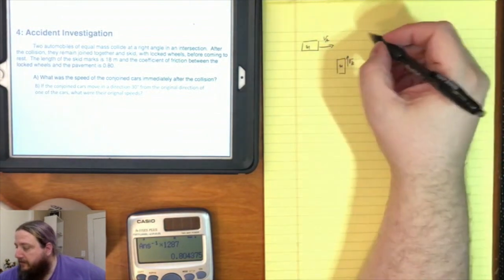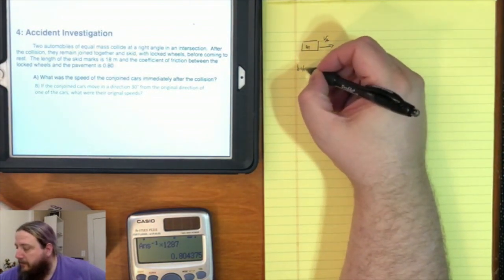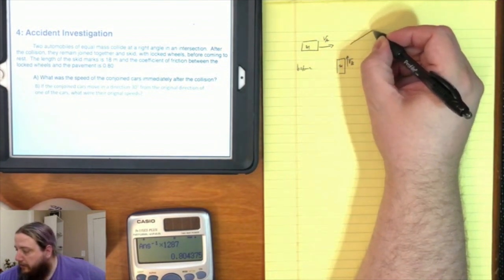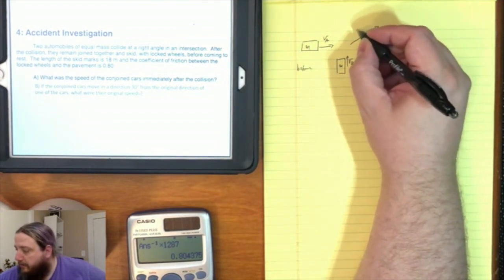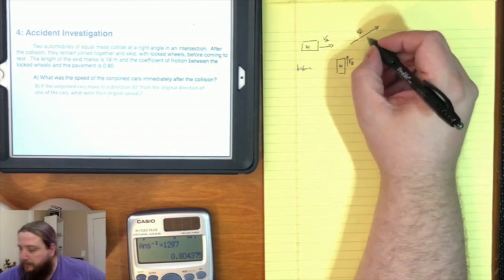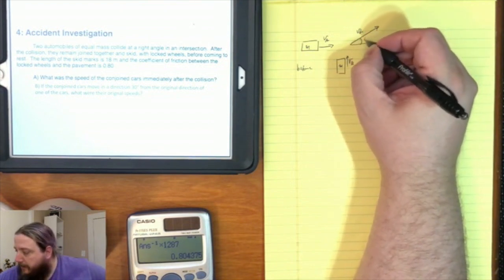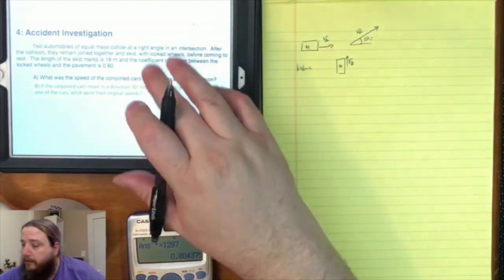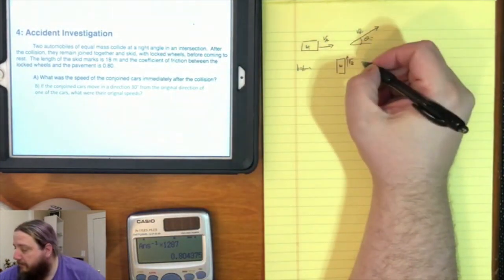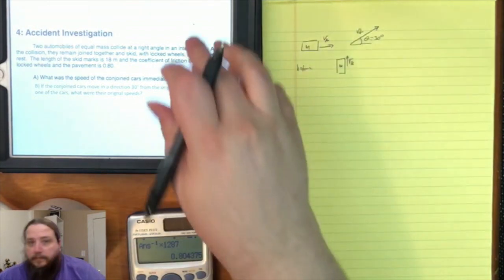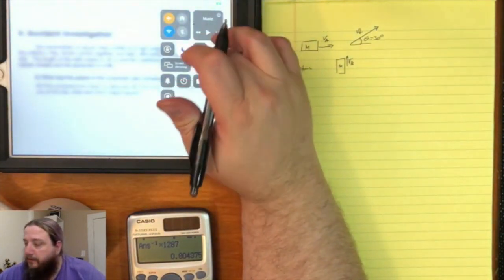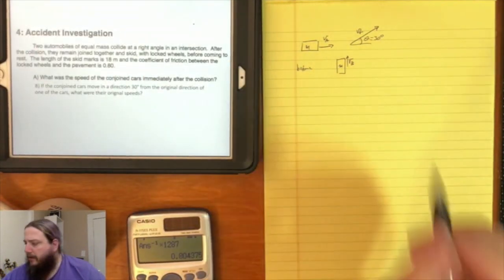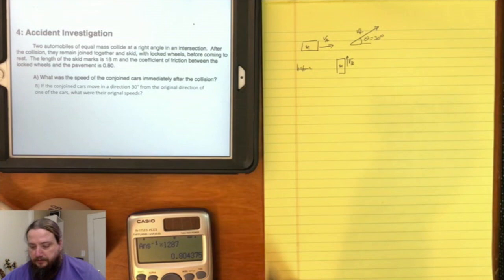And there's a collision, so this is before, and afterwards we have the cars moving at some velocity v final at an angle theta of 30 degrees from the original direction of motion. All right.